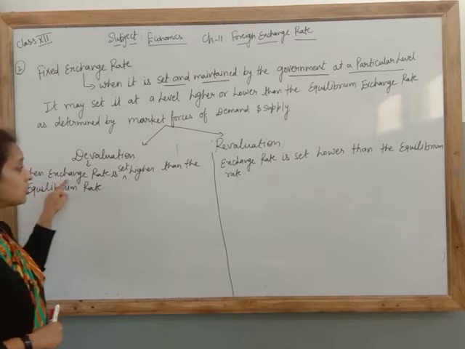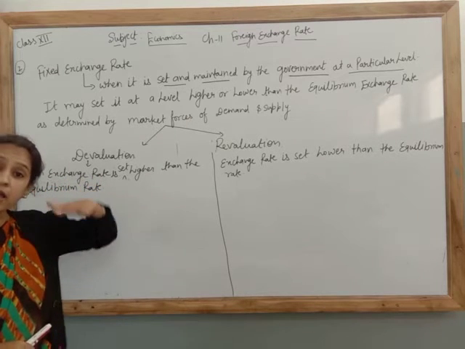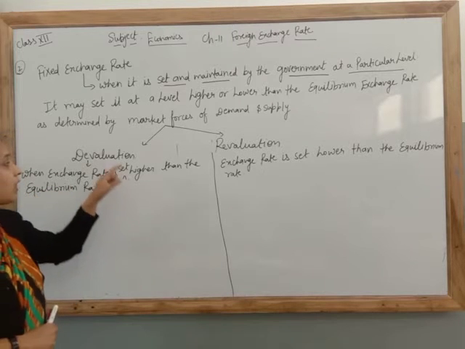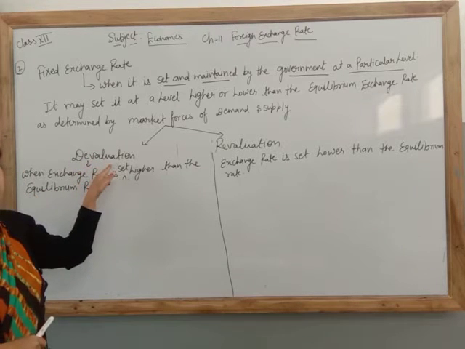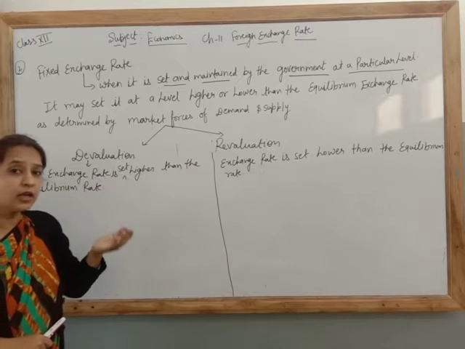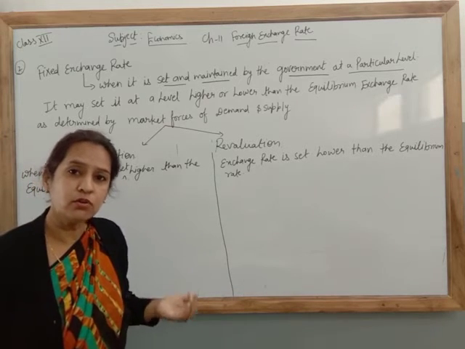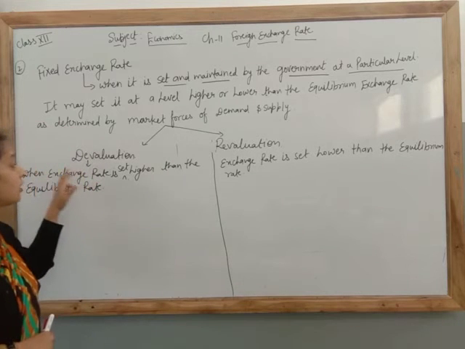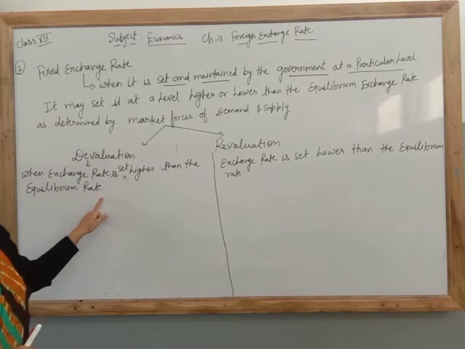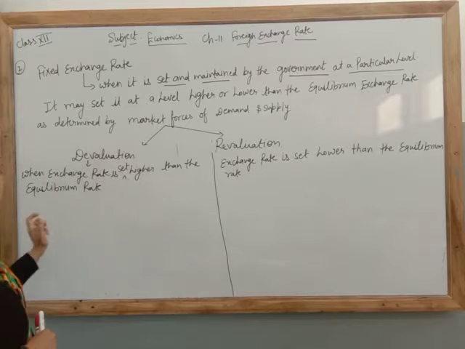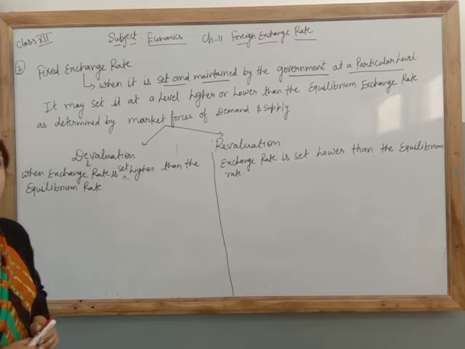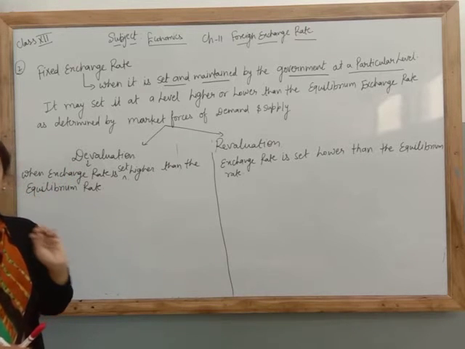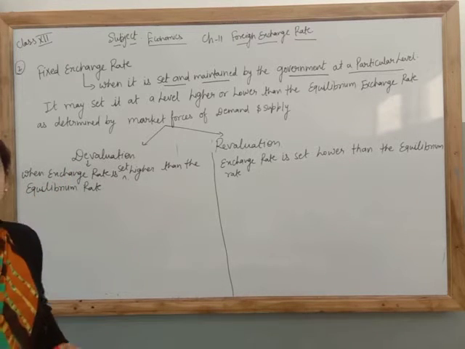If it is higher because of market forces, market demand and supply, that is known as depreciation. But when it is set by the government higher than the equilibrium rate, that is known as devaluation. It means devaluation is basically done by the government intentionally.